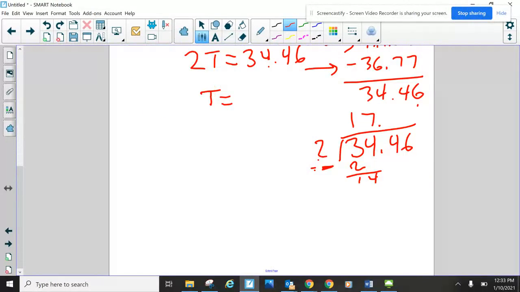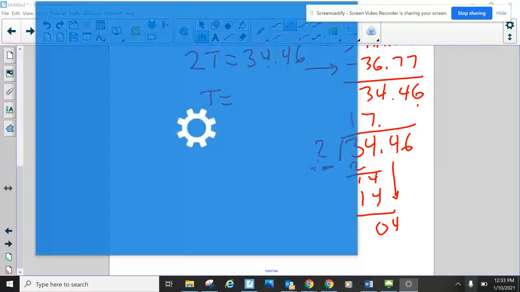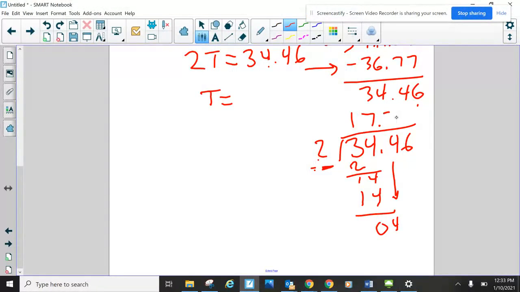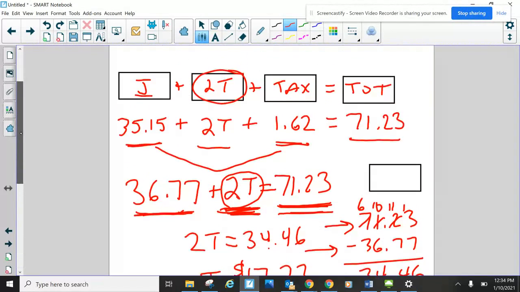Let me extend my page. 2 times 2 is 4, subtract 0, bring down the 6, 3, and that's my total, $17.23 for a t-shirt.